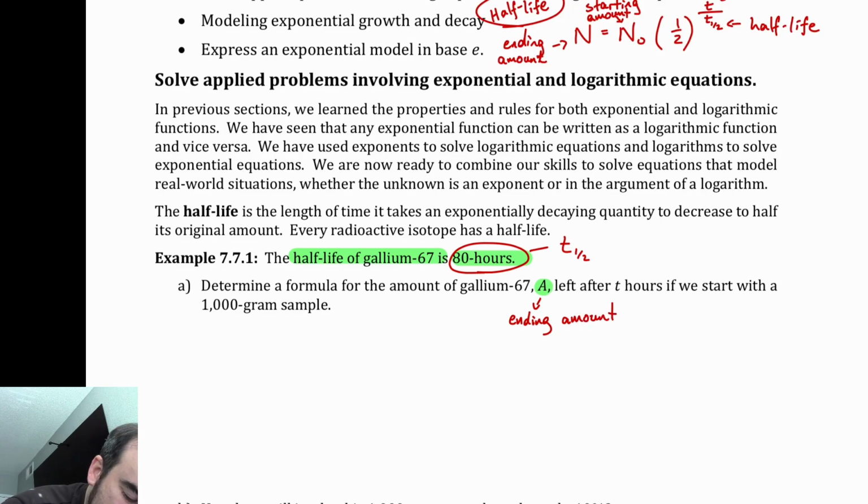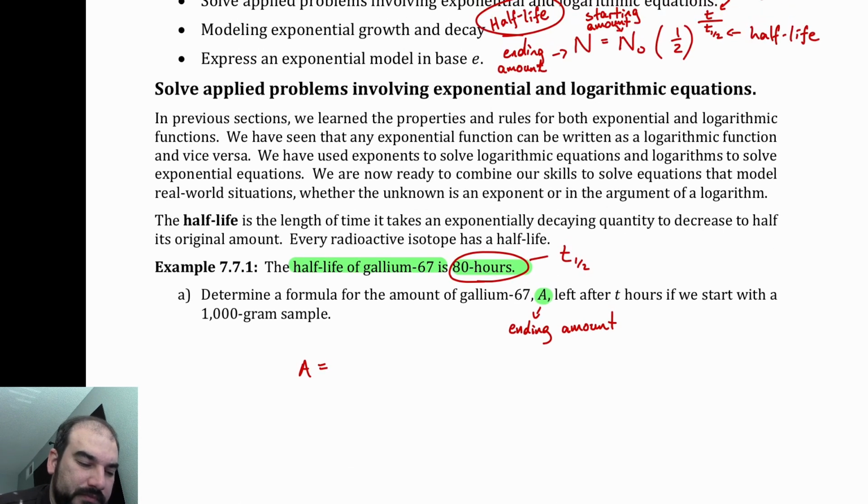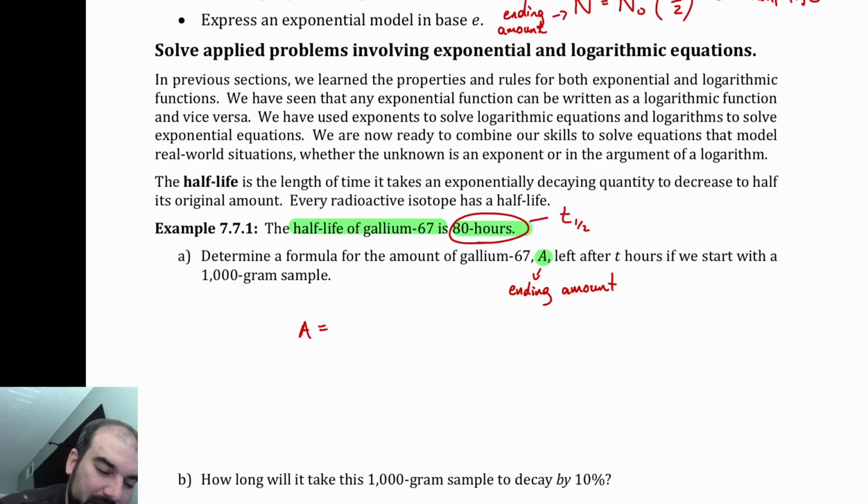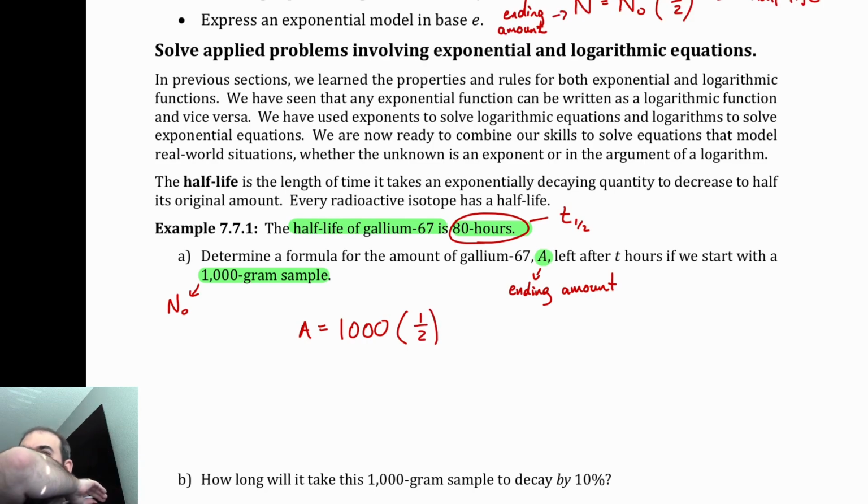So we're going to write this as A equals our starting amount, which is a 1,000-gram sample. That is our N sub 0. So we'll have 1,000 grams to begin with. And then we'll multiply that by 1/2 to the t divided by the t sub 1/2, which will be t divided by 80.